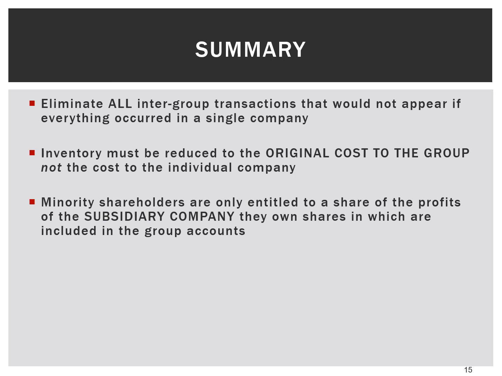We need to reduce the stock value down to original cost. And then, as I've just mentioned on the previous example, the important thing to remember, if there are minority shareholders, they're only entitled to a share of the subsidiary company's profits included in the group accounts, not the total group profit.